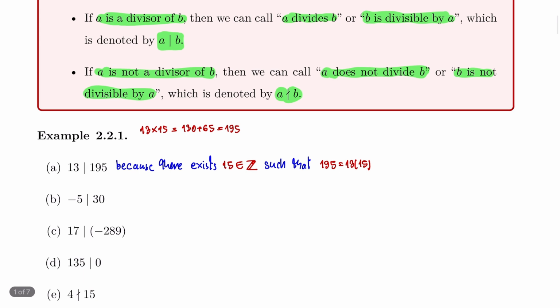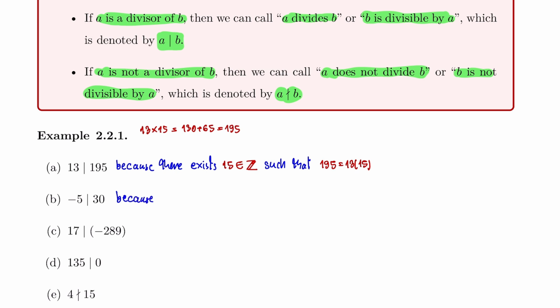Now what about the second case? Minus 5 divides 30. What is it? Minus 5 divided into 30. What do we have? We can have minus 6, right? Why?